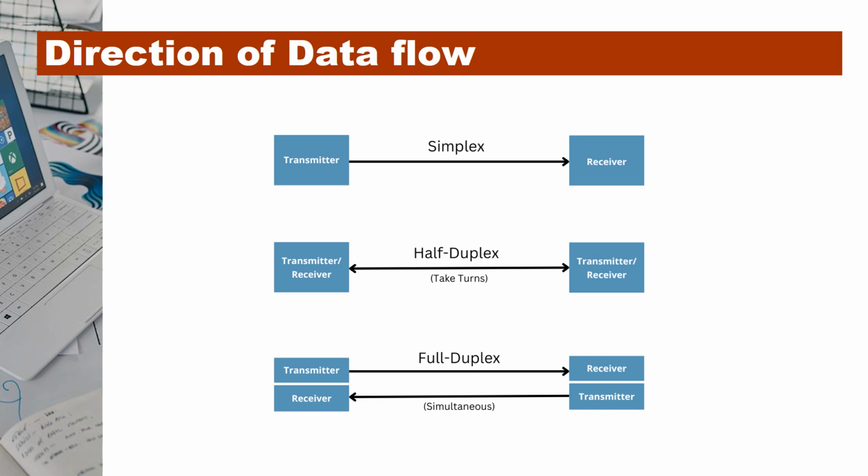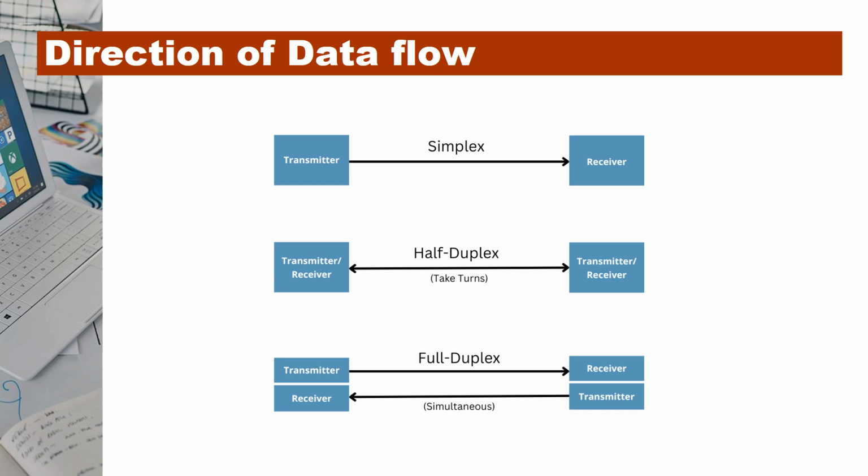So we want to talk about the direction of data flow, and we have simplex on the slide, half duplex, and full duplex. On simplex, you can see that there is one arrow from the transmitter to the receiver.